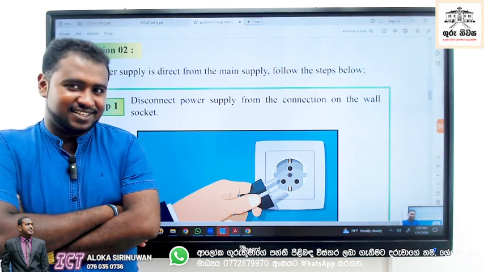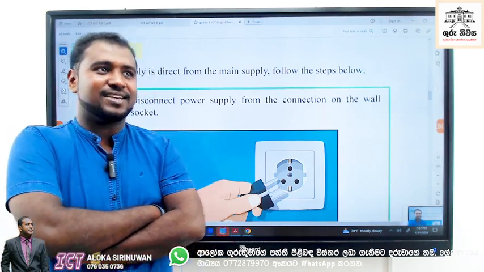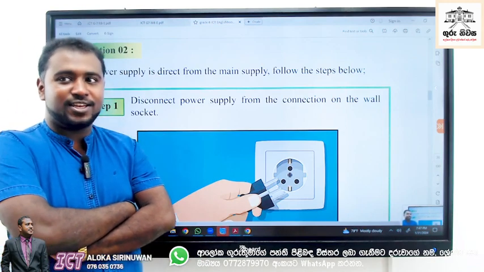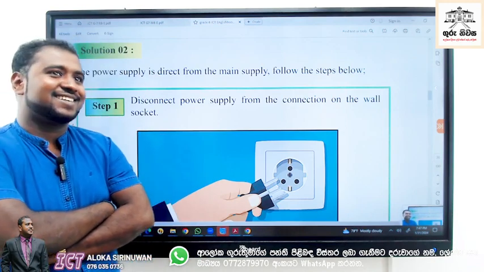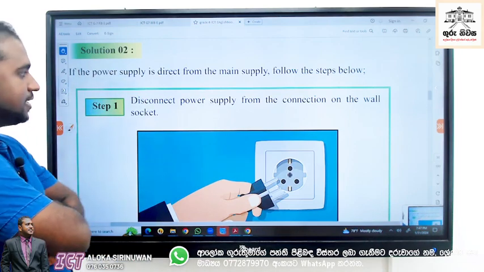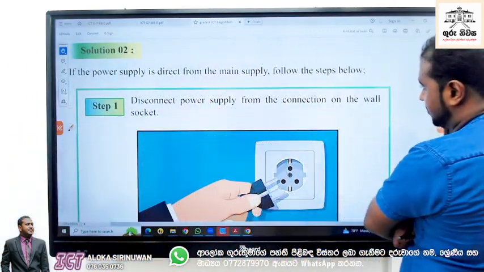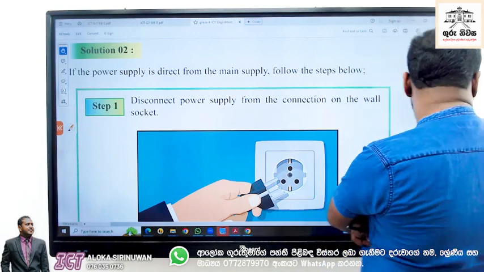That is the current supplied from the batteries. Okay, DC is the current supplied from the batteries. Then step number 1: disconnect power supply from the connection on the wall socket.